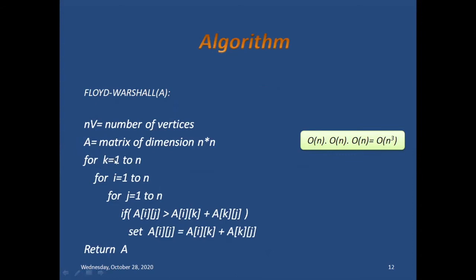For k equals 1 to n, this statement is for iteration, and for i equals 1 to n, this statement is for the rows of the matrix, and for j equals 1 to n, this statement is for the columns of the matrix. If a[i][j] is greater than a[i][k] plus a[k][j], then set a[i][k] plus a[k][j] in a[i][j], and return a.